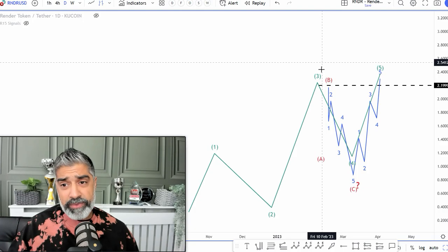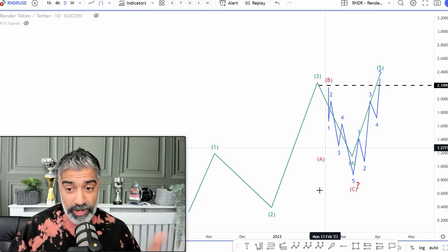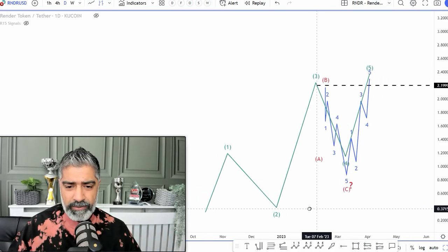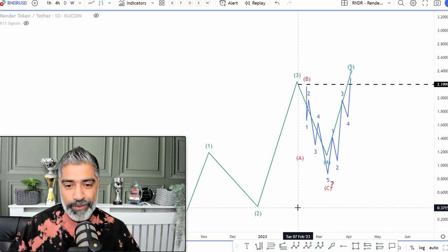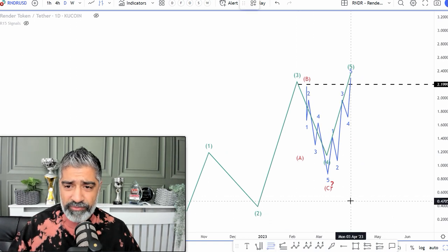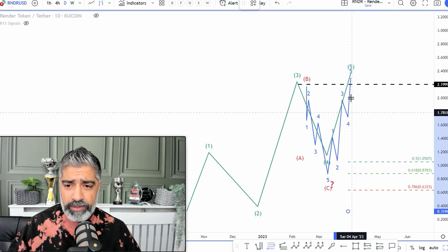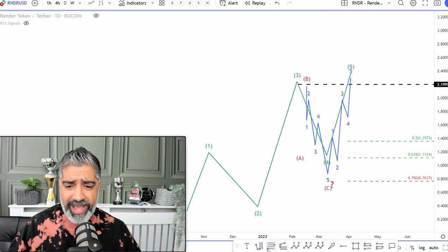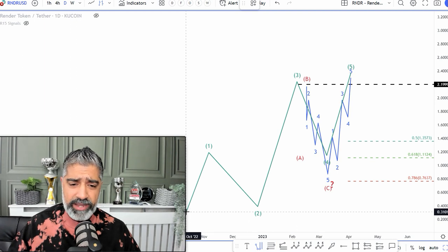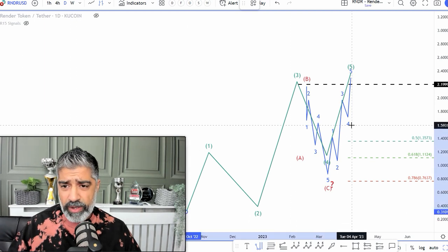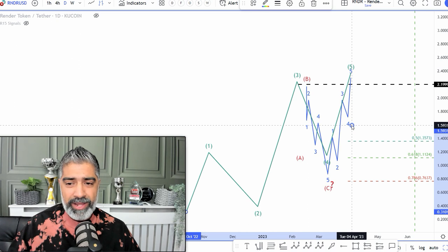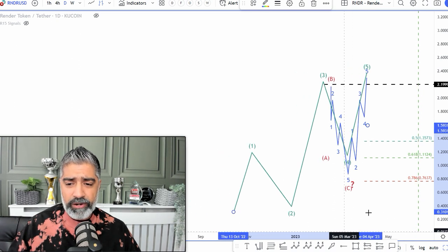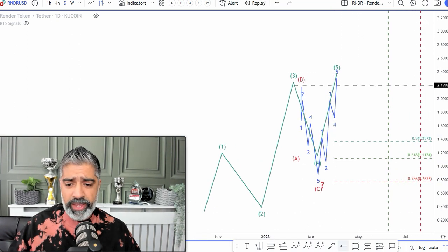With Render, again, if it was like this, which is not because of the new tokens, the price movement to the downside will typically be in this range, and the minimum typical length of time it will take for a correction is over here. So this is what we would expect.